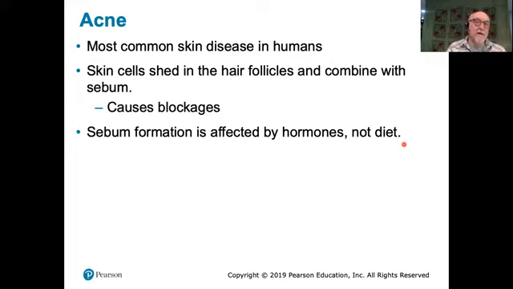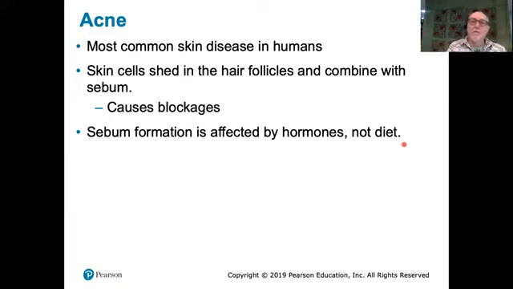It exits the hair follicle, and under normal circumstances, as the hair follicle can be long-lived and cells on the sides of the follicle die, they are easily shed through the top of the follicle.